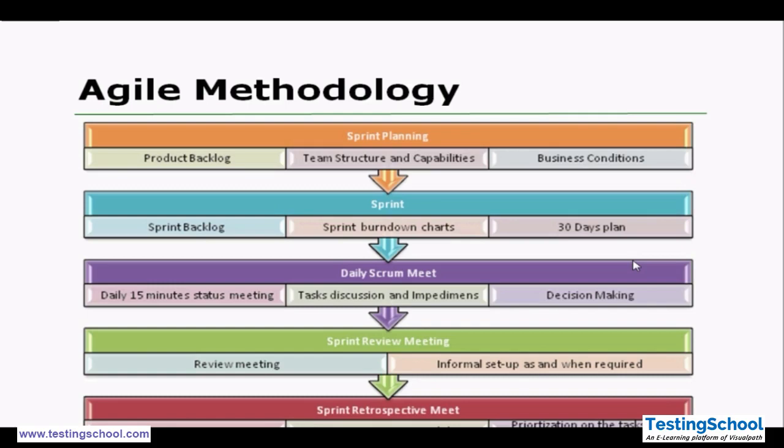Then the informal setup, and when required, at the last, after completing the sprint, we have the sprint retrospective meeting. A retrospective meeting has the process improvement: what we have done well in this sprint, what we have done wrong in this sprint, and what we should improve for our upcoming sprint.